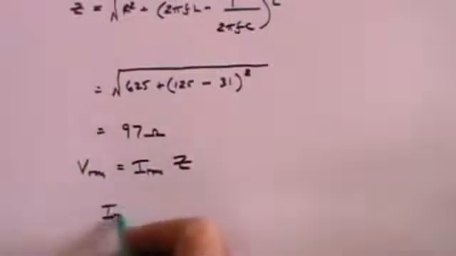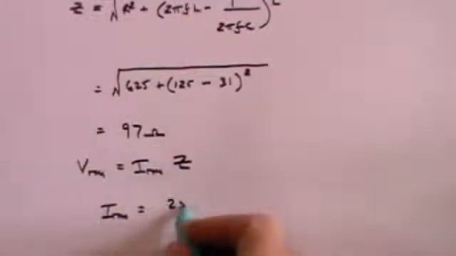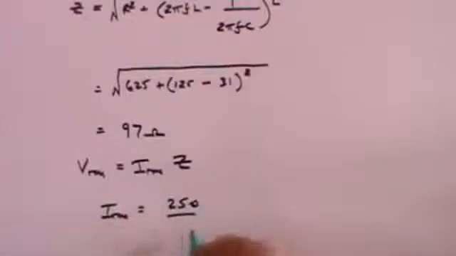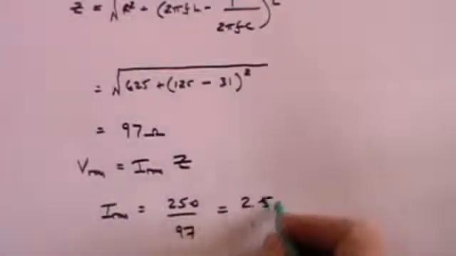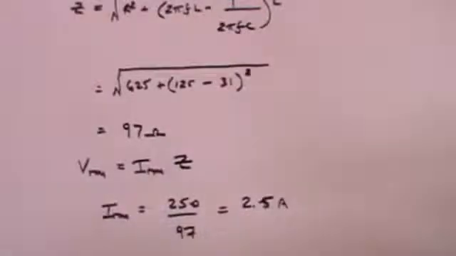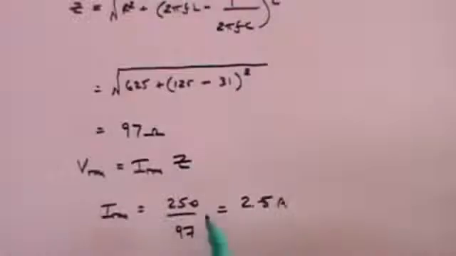So IRMS is going to be equal to 250 divided by 97, which is about 2.5 amps. So when the frequency was 50 hertz, as in the previous page, the current was 10 amps. When the frequency goes to 100 hertz, the current falls to 2.5 amps. It's moved quite a long way from resonance. 2.5 amps, of course, is still a quarter of 10 amps.